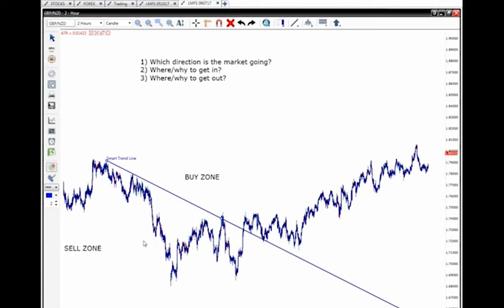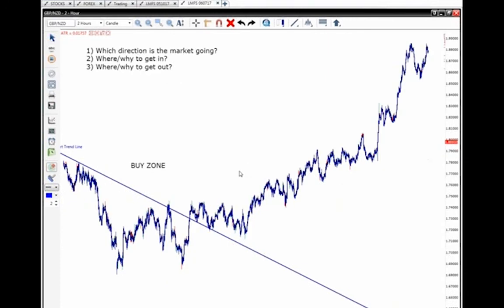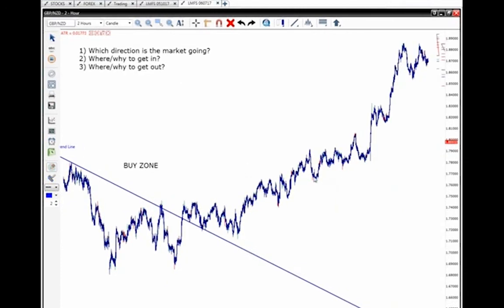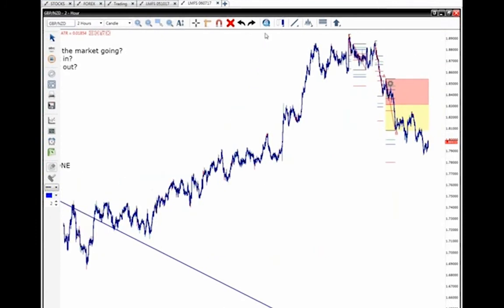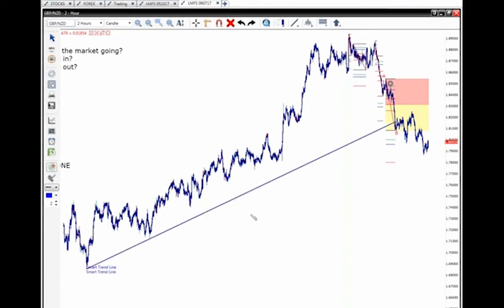So you see what ended up happening here is that the market was below that trend line, broke above, and we're now in the buy zone. So we'd be looking at taking buying opportunities. Then the market rallies up. If I come in here and draw my smart trend line coming up here, and draw an inner trend line right there, you can see the market rallied up, was in the buy zone, came up here, U-turned, and then broke my inner trend line.